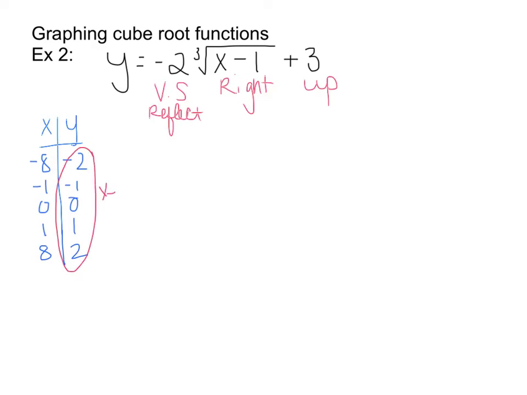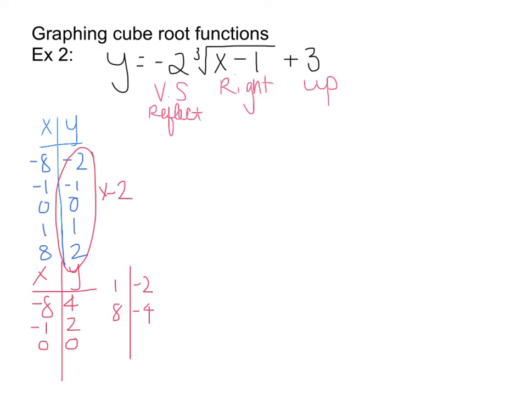So in this scenario, you're going to multiply by negative 2. So negative 2 times negative 2 gives me positive 4. Negative 1 times negative 2 gives me positive 2. 0 times 0 is 0. 1 times negative 2 is negative 2. And then 2 times negative 2 gives me negative 4.